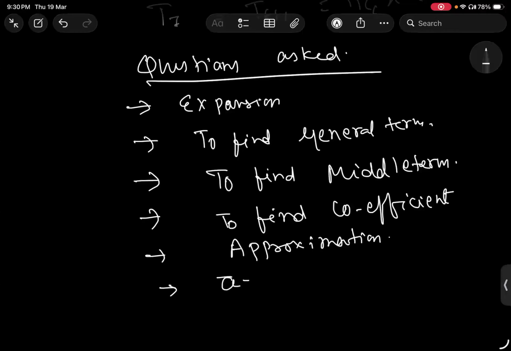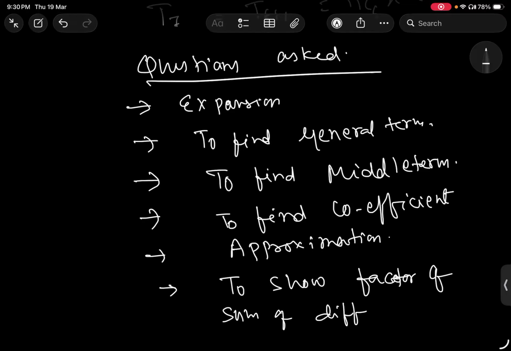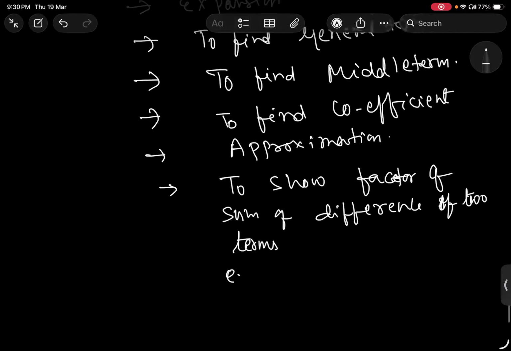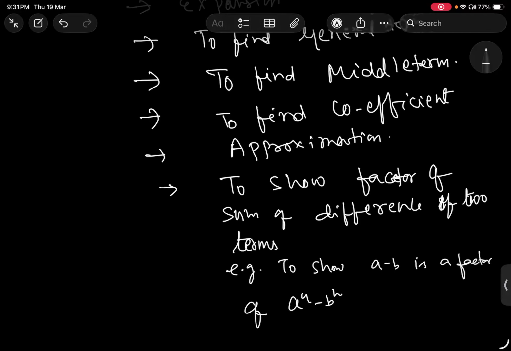In such questions, to show a factor of a sum or difference of two terms, we also use the binomial expansion.